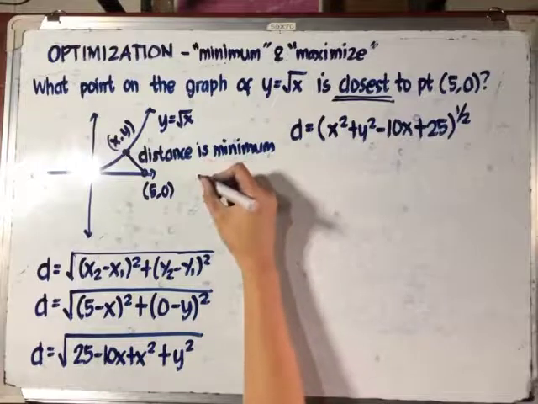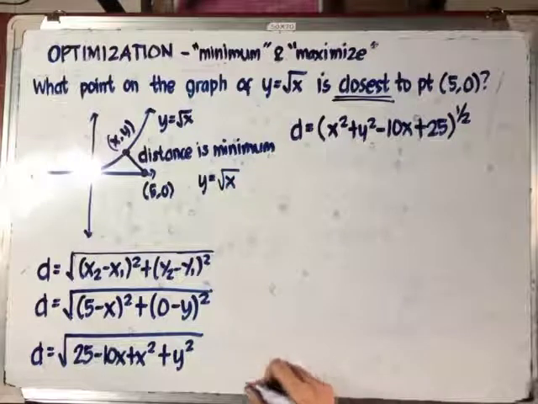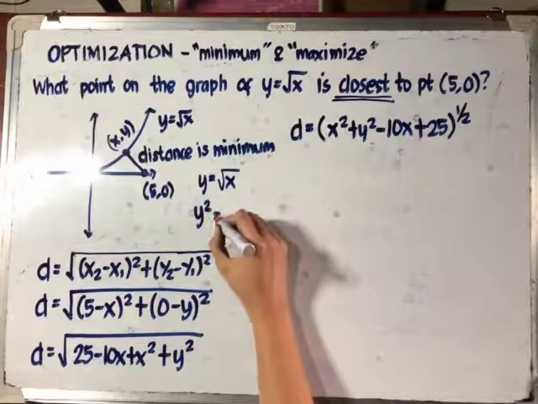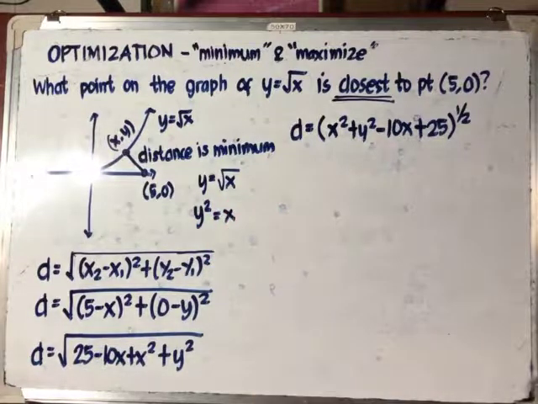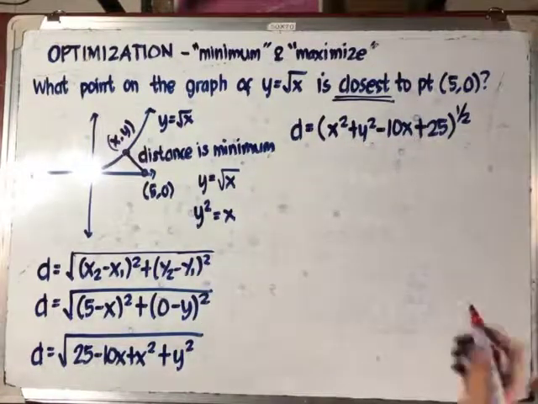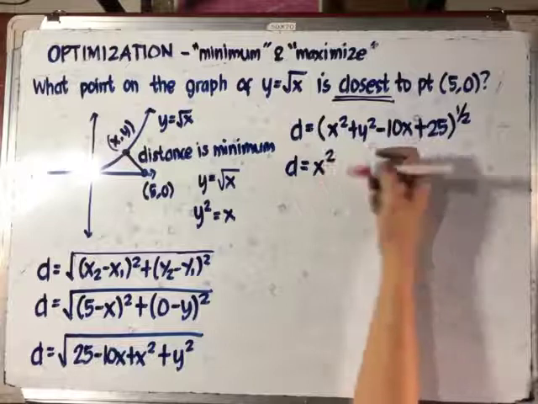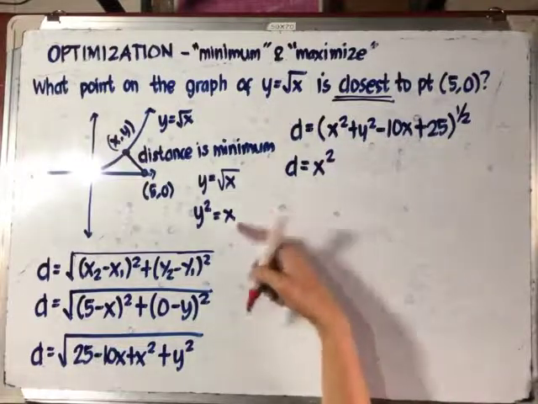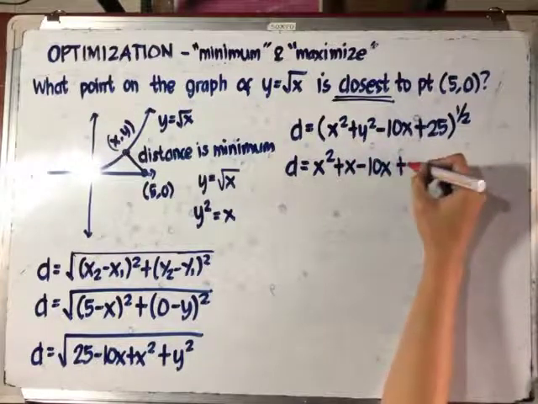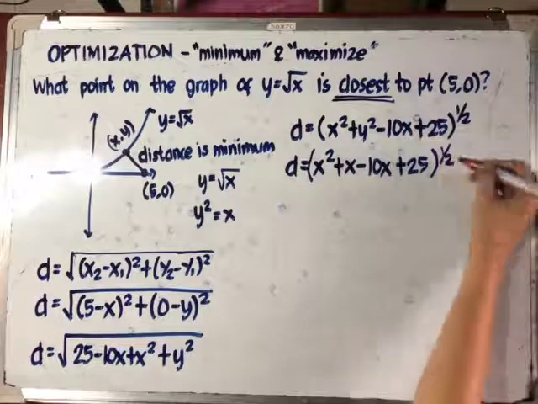The equation is y equals the square root of x, and if you square both sides, y squared is also equal to x. That would be helpful to substitute here to express it in one variable. So d is equal to the square root of x squared, plus y squared which is x, minus 10x plus 25, with the exponent of 1/2 outside.